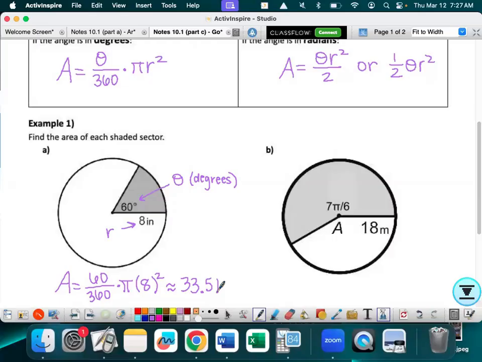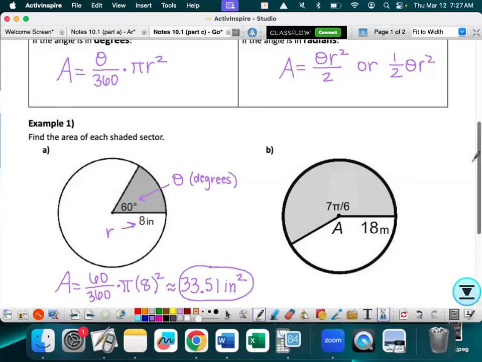It's not just a length. So whenever you're calculating area, you should be dealing with square units. So I'm going to write inches squared. When we were doing the arc length, we just stuck with inches because a length is a singular unit, area is squared.